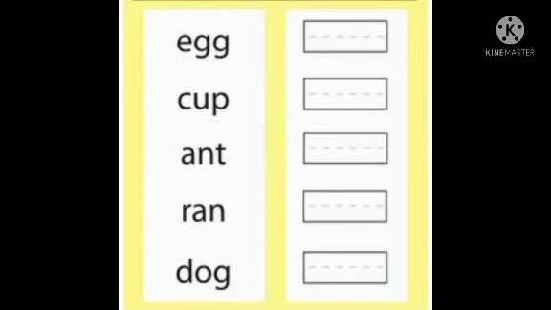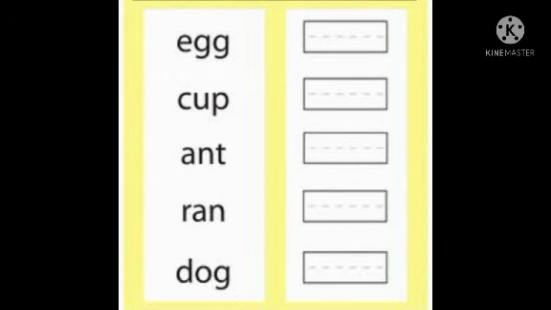Now, to arrange this list in alphabetical order, we should look at the first letter of each word. The word that begins with the letter A comes first, followed by the words that begin with the letters B, C, D and so on.